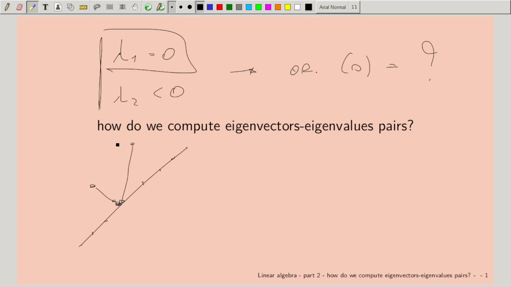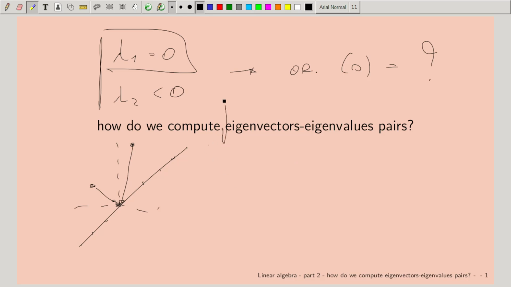If this is the origin, it looks like there's not one other eigenspace. It looks like there are a lot of different eigenspaces. For tomorrow, if it is not clear, you recheck, and in case it's still not clear, you ask.